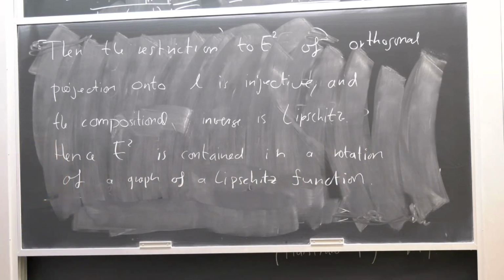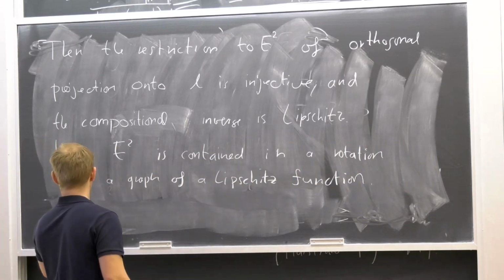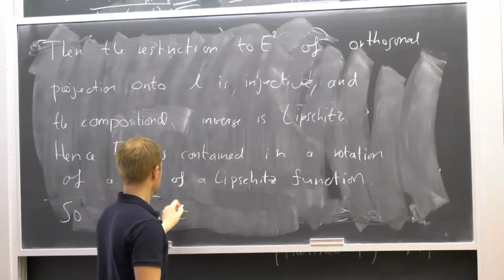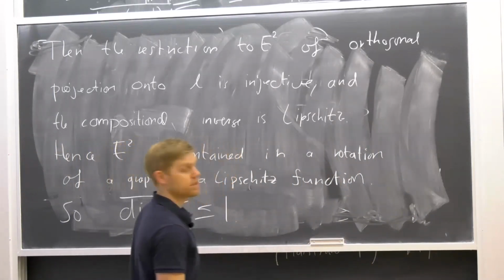But the graph of a Lipschitz function has Minkowski dimension 1. So thus the dimension of E squared is smaller than or equal to 1.